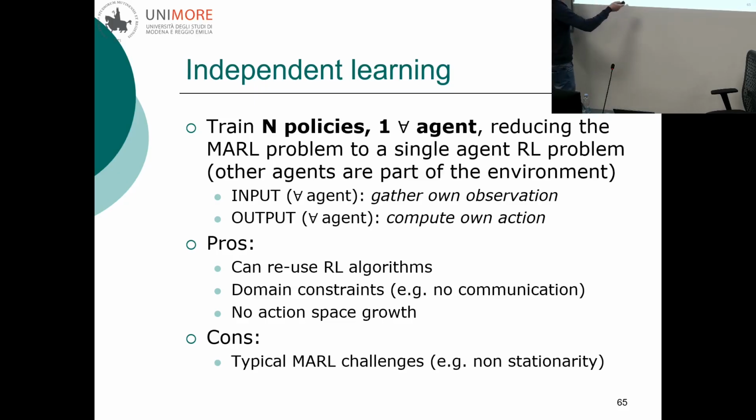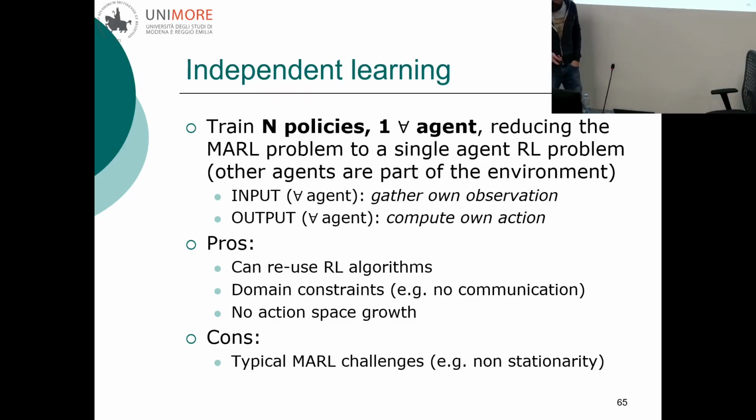And a more technical problem related to the computational complexity, each agent only cares about its own policy. We don't ever consider the joint policy. So we don't have any problem about combinatorial explosion of the action space, because we don't need to combine the different policies. Each agent only cares about its own policy.